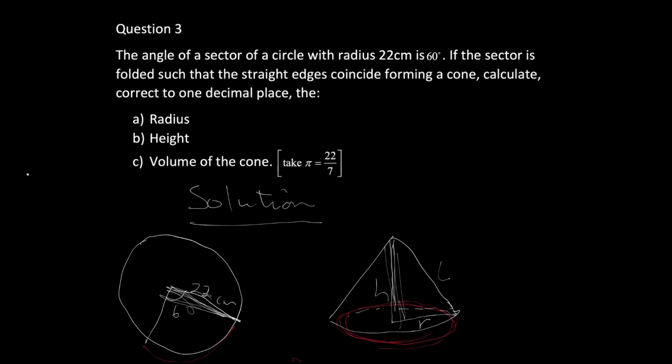Forgive my cone. And we have the radius of our cone, the height of our cone, and then the slanted height of our cone. The slanted height of the cone should be the radius of our circle, which is equal to 22.